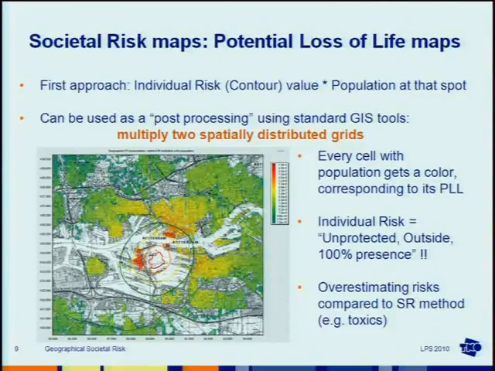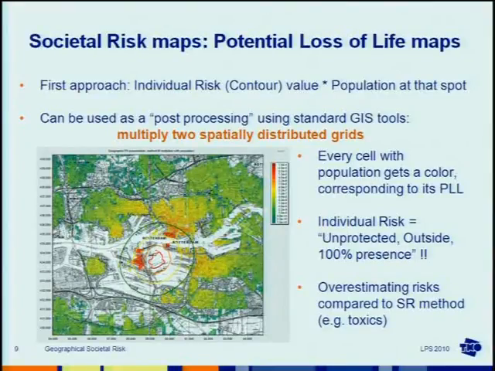The first approach was basically very simple, straightforward. Individual risk, the contours, they are based on two-dimensional geographic information. You have for every spot, for every location, a value of your individual risk. Why not simply multiply that with the number of people who are at that spot? That will give you an indication of the potential loss of life that you have for that spot.